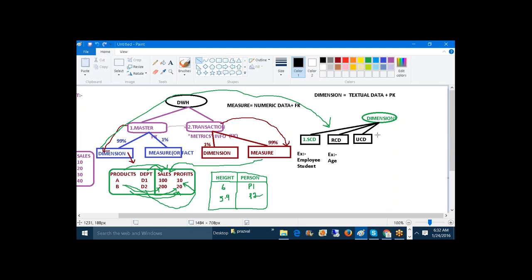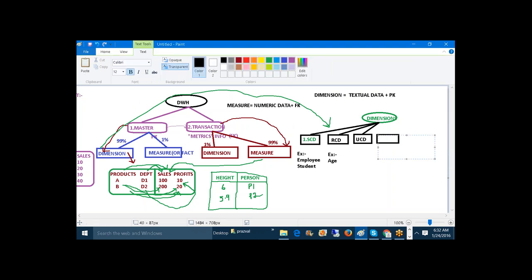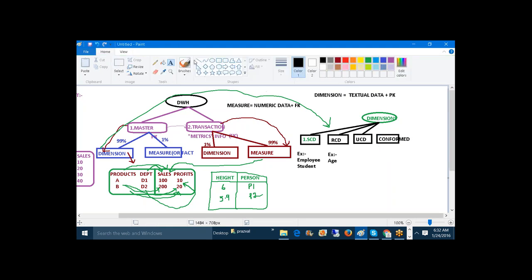Next, the fourth type of dimension is the most important dimension. The fourth type of dimension is conformal dimension. So what is conformal dimension?